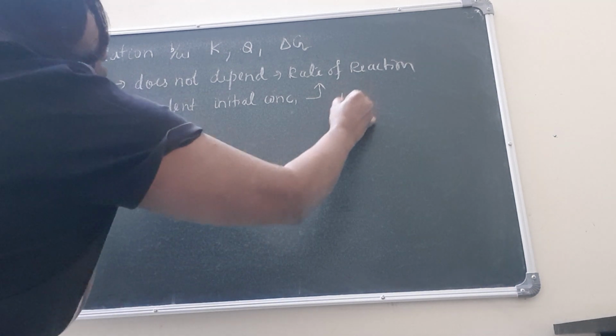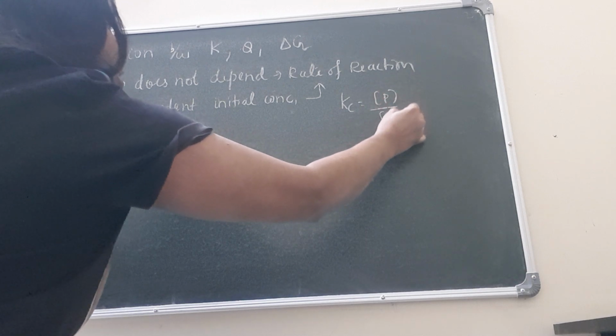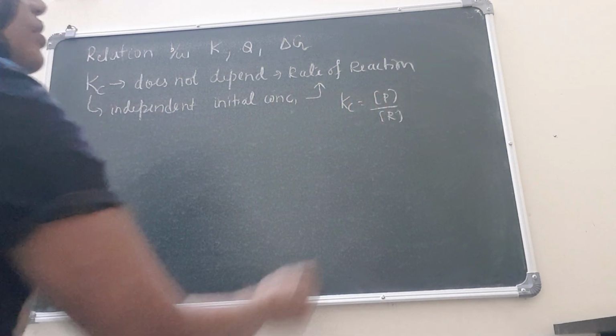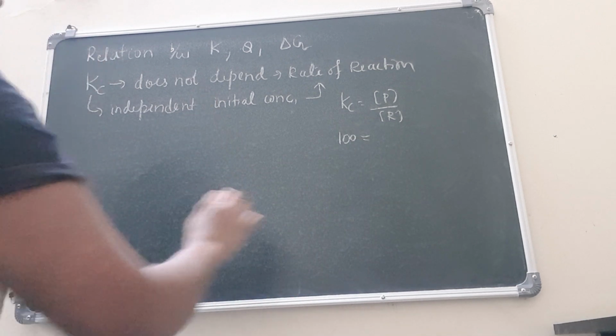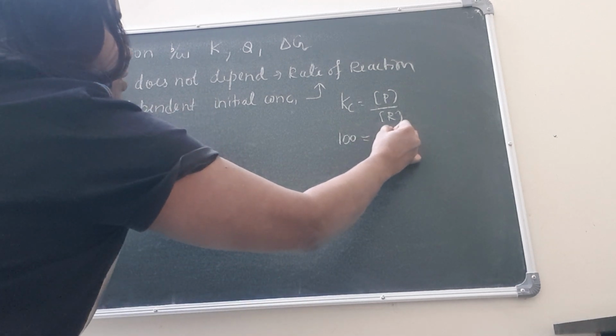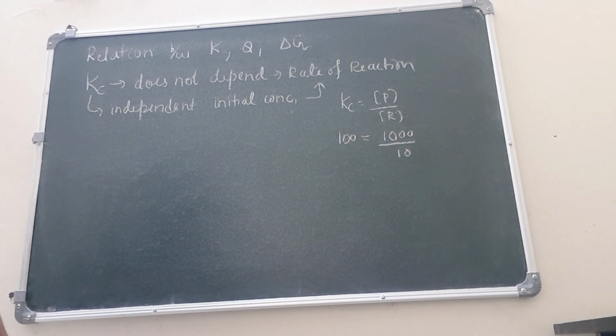Why? Because Kc is the concentration of products by reactants. Let us say this ratio was 100 initially. For example, let us say this was 1000 and this was 10. I'm just giving some values.